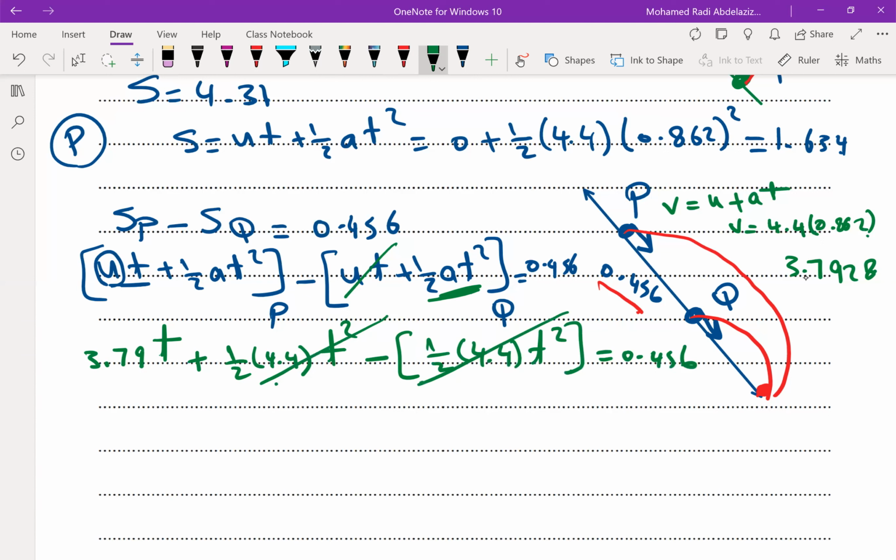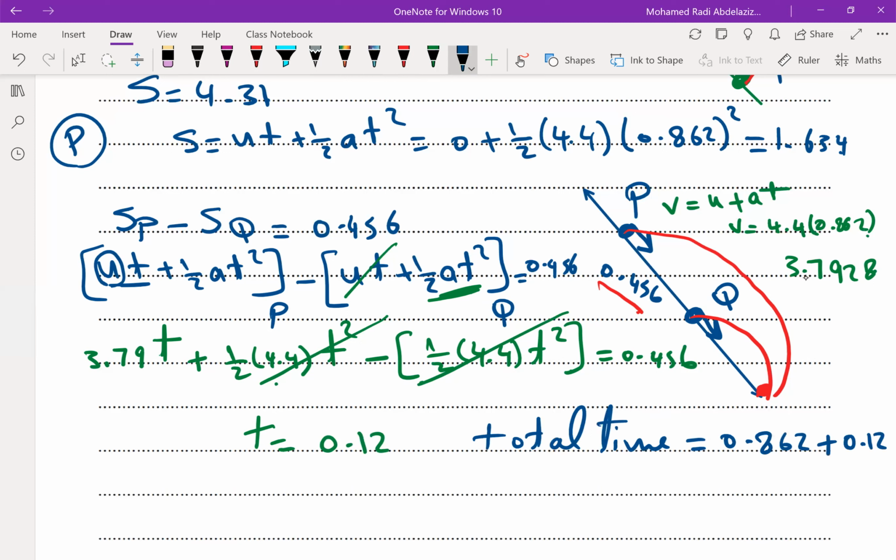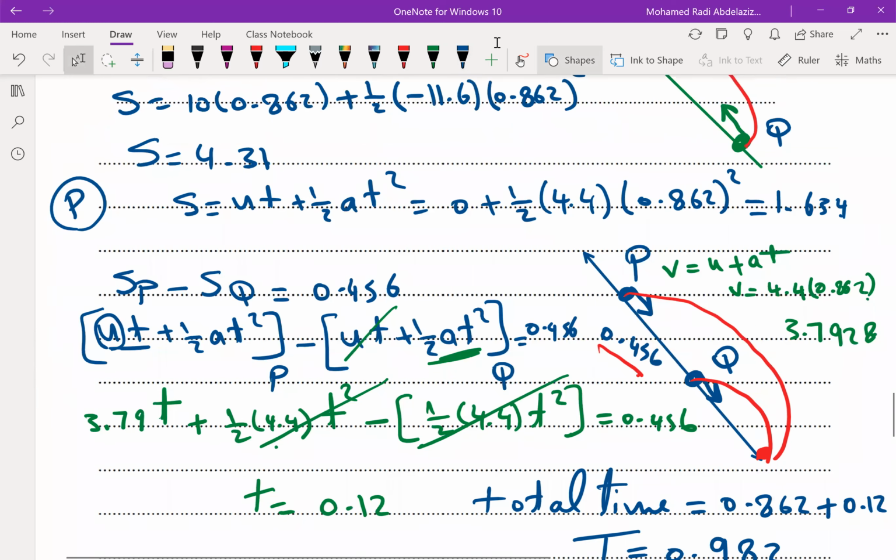Positive, negative cancel, so you can find the value of t. 0.456 divided by 3.79, you will get 0.12. So the total time will add 0.862 plus 0.12. So the final answer will be 0.982. This is the time taken before collide during motion.